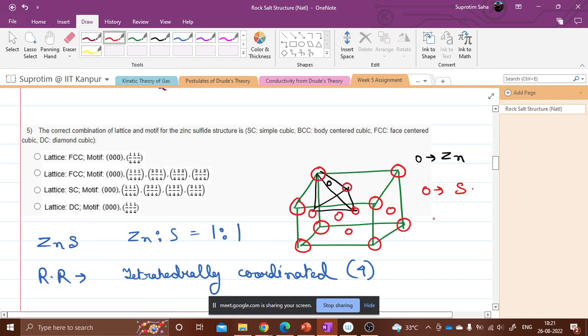Right. But last time we read that there are these tetrahedral voids for an FCC structure. They are along the four body diagonals. So one will sit at 1 by 4 and the other will sit at 3 by 4 of the same diagonal. By that prescription, along the body diagonal, one can sit here at 1 by 4 and then 3 by 4.